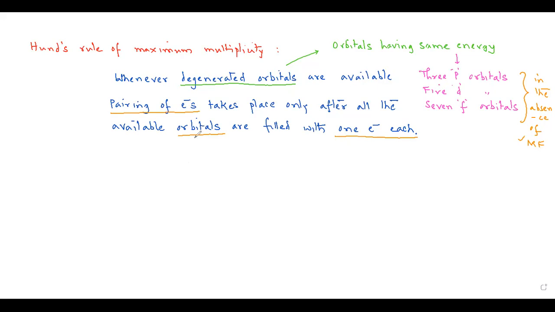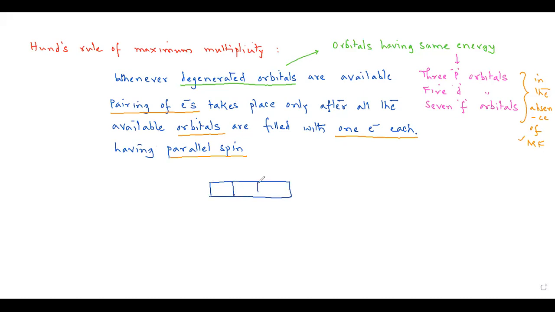And remember, with one electron, you have to fill up the orbitals, and those electrons have to have the same spin. So orbitals are filled with one electron each, having parallel spin. This is the most important one. What do you mean by having parallel spin? Having the same spin.